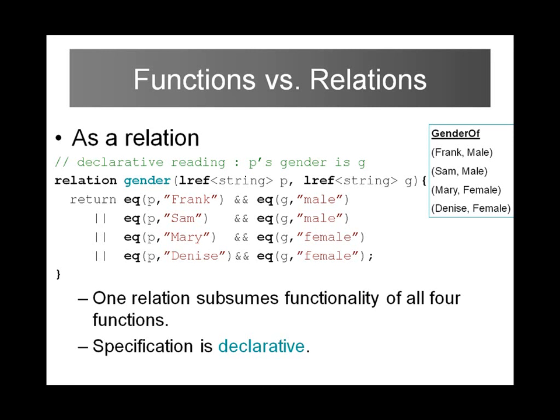You don't see any algorithms or data structures being used. We are simply representing information. There are no if statements or while loops and so forth. The other more interesting thing is that this relation subsumes the functionality of all four functions that we saw on the previous slide. And how that is possible, we'll take a look at in the demo.